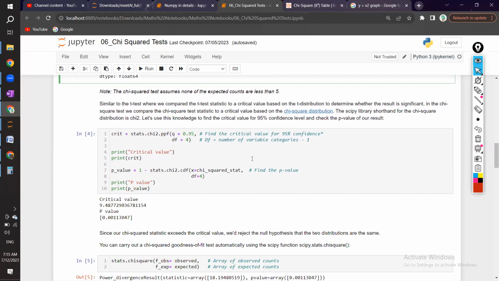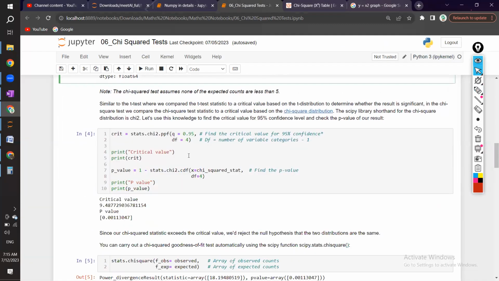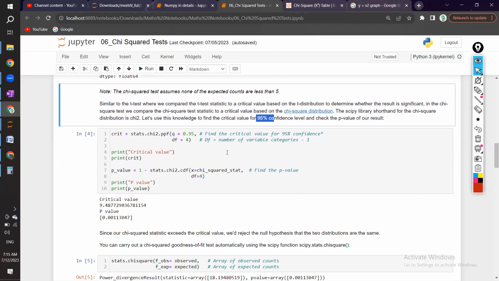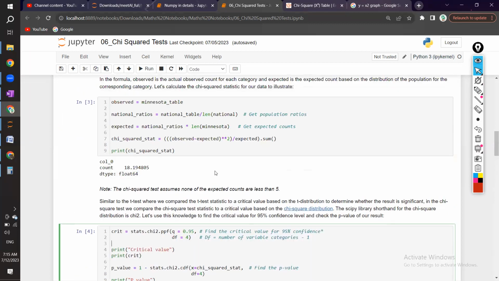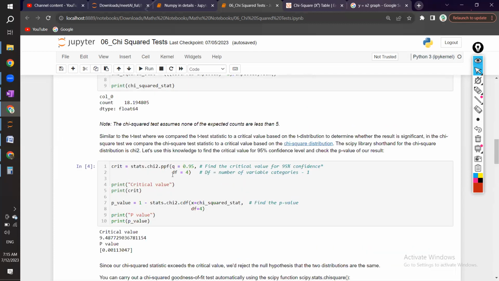For the critical value, you can get it from the table as I showed in the previous example, or directly use the library: stats.chi2.ppf with q equal to 0.95, because of the 95% confidence level, and degrees of freedom equal to the number of categories minus 1. How many categories are we considering? 5. So 5 minus 1 is the degrees of freedom.